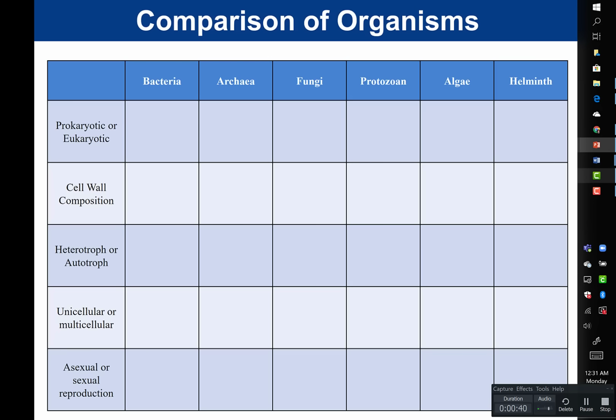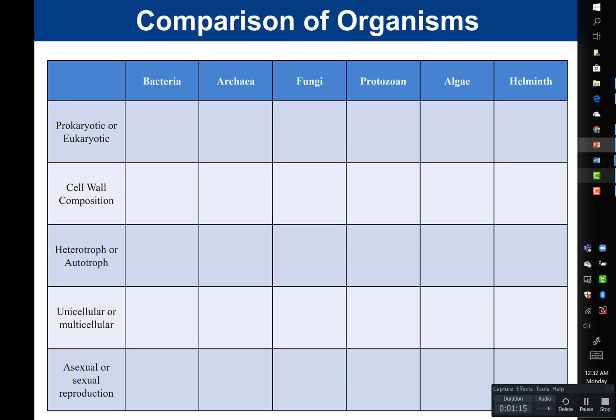So this next part is something that you are going to do in the discussion. We are going to compare and contrast the various types of organisms. So for bacteria, you would fill this in. Are they prokaryotic or eukaryotic? You want to go back through your notes and fill that in. For bacteria, what is the composition of their cell wall? What is their cell wall made of? Or for certain organisms, do they lack a cell wall? Are they heterotrophic or autotrophic or both?